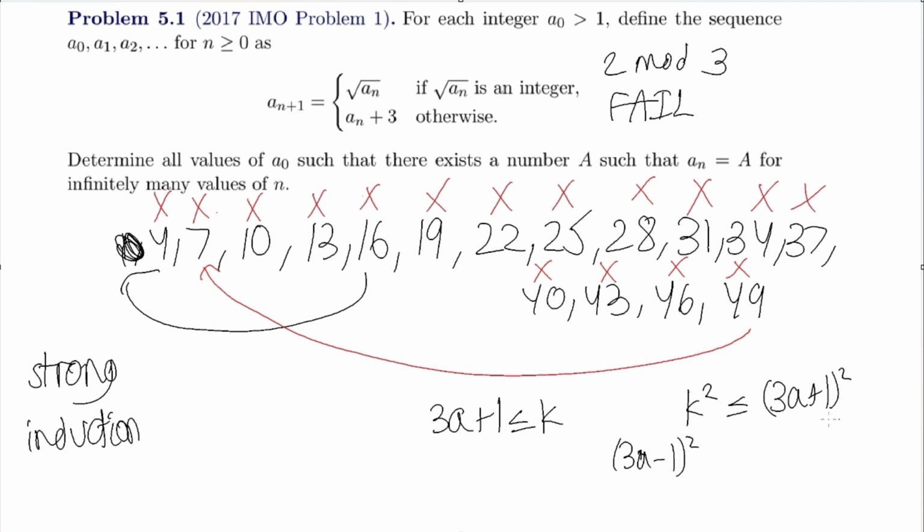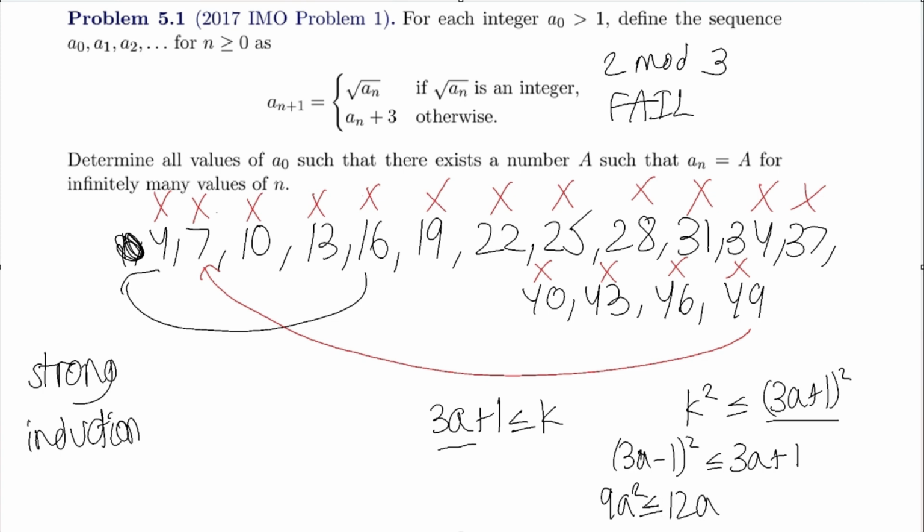But because this is the smallest perfect square greater than 3a plus 1, that means that this is less than or equal to 3a plus 1. And if we expand this out, we end up getting 9a squared minus 6a plus 1 less than or equal to 3a plus 1. Or equivalently, 9a squared is less than or equal to 12a.